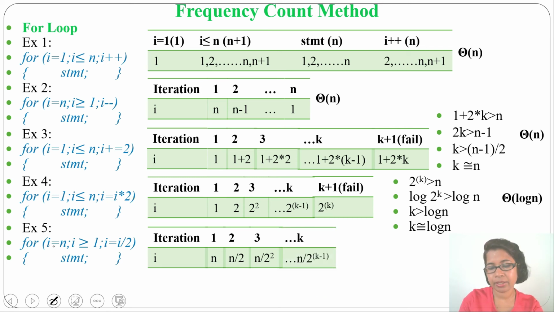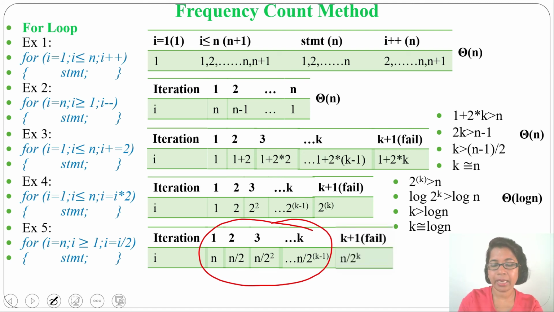For k iterations, I value will be n divided by 2 power k minus 1. Just assume up to k it will execute, then at k plus 1 it will fail. So for the k plus 1 iteration, I value will be n divided by 2 power k. When this is less than or equal to 1, it will fail. Till I value is greater than or equal to 1, it will work.